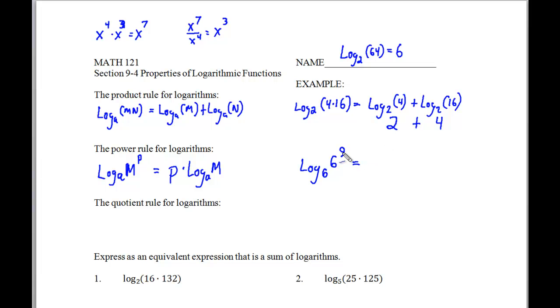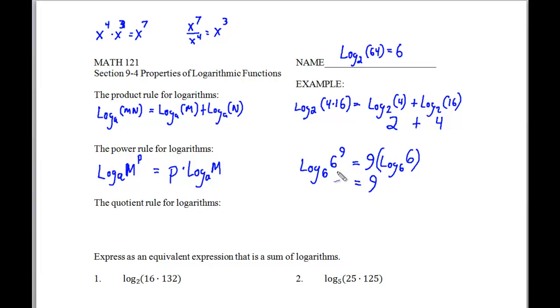So one way to think of this here is that if we bring the 9 out to the front, we have log base 6 of 6. And if we then ask that question, what power of 6 gives me 6, the answer is 1. So this entire part of the problem turns into 1. So this would give me 9.